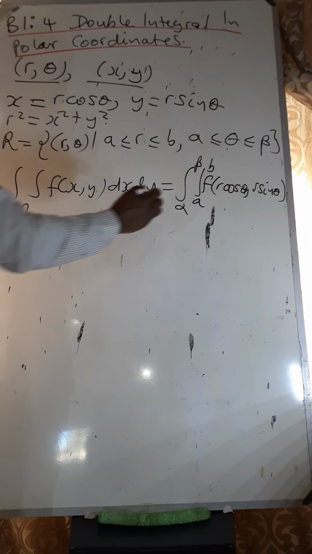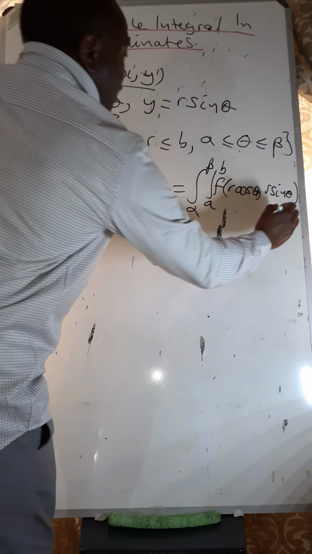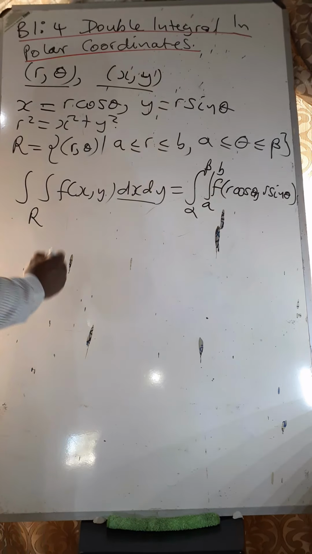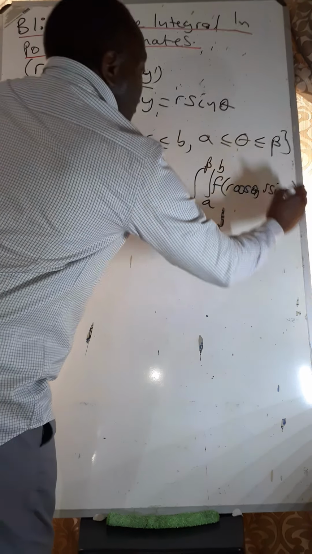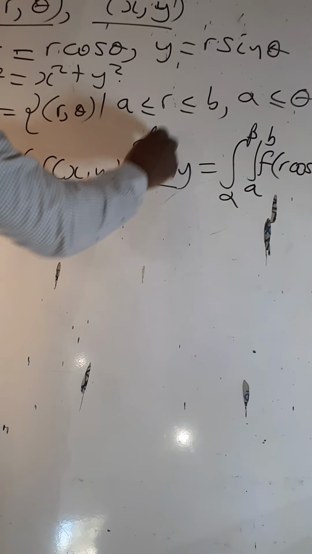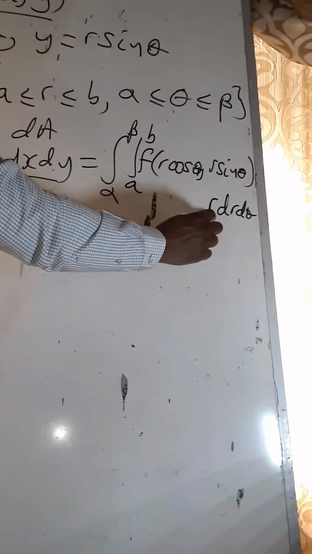Then dA or dx dy becomes r dr d theta. So dx dy or dA in Cartesian transfers to r dr d theta.